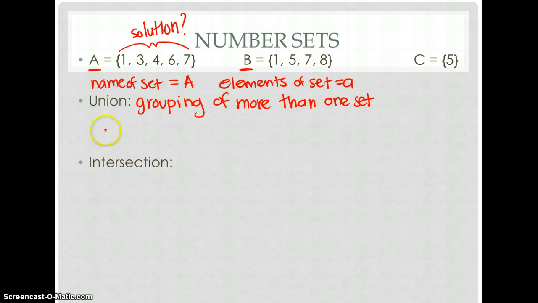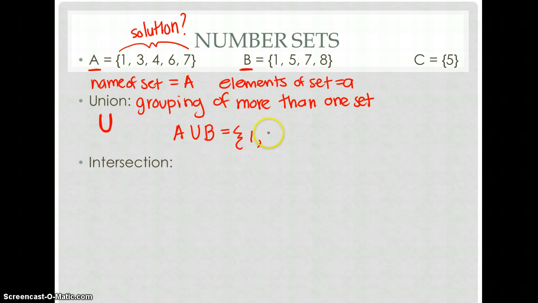So the notation for this would generally be a bolded U. If I said A union B, I'd be talking about all the elements of both sets A and B. In this case, we use this squiggly bracket to begin our set. A union B would be everything that's in A and B. So what do I see in A and B?